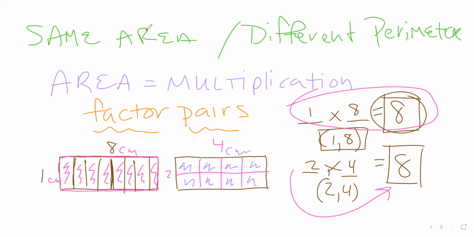If each one of these is a 1 centimeter square, this one takes 4 across the top and 4 across the bottom for a total of 8, while the other has 8 along the bottom. So right away, I found two different rectangles that have the same area, but the dimensions are different.